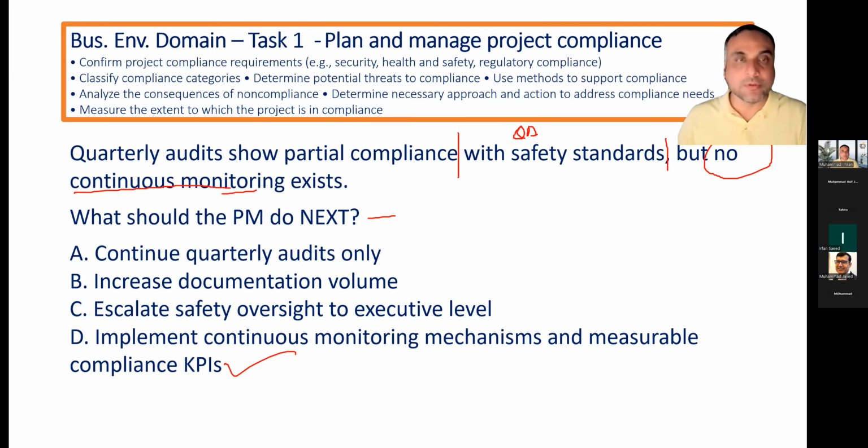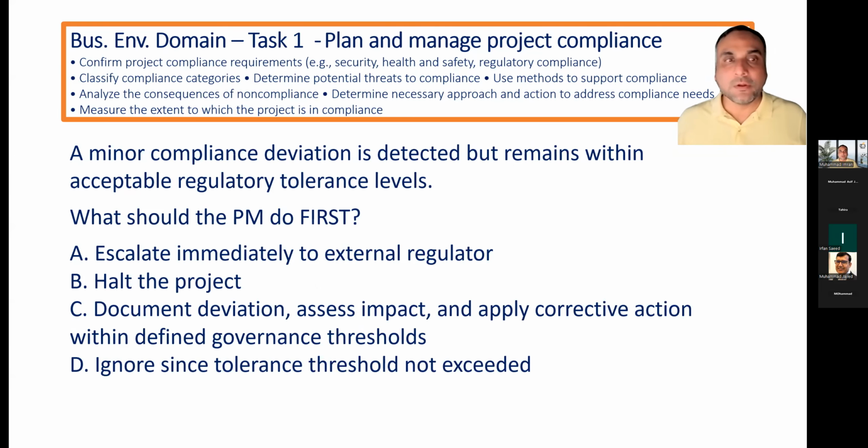Very good. Next, a minor compliance deviation is detected, but remains within acceptable regulatory tolerance level. Wait, which tool of quality will help you determine this? That remains within acceptable limit.